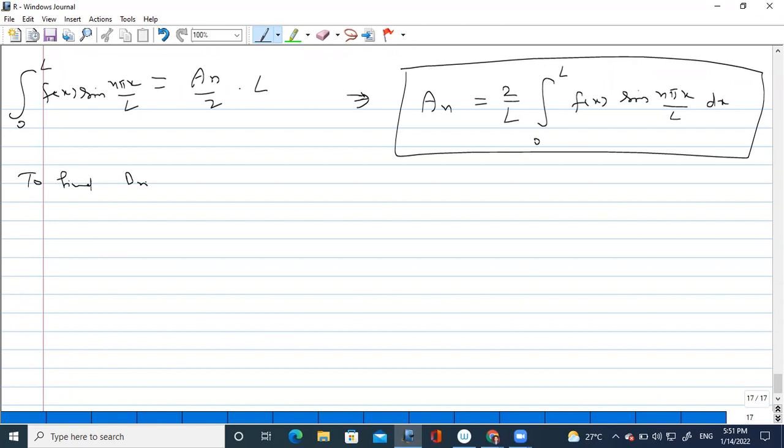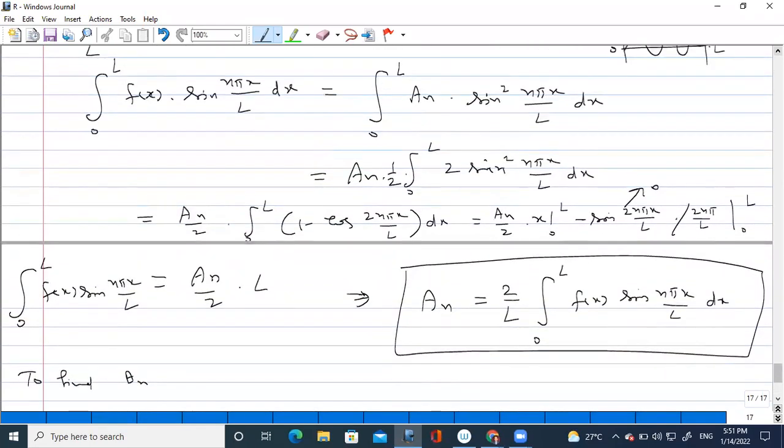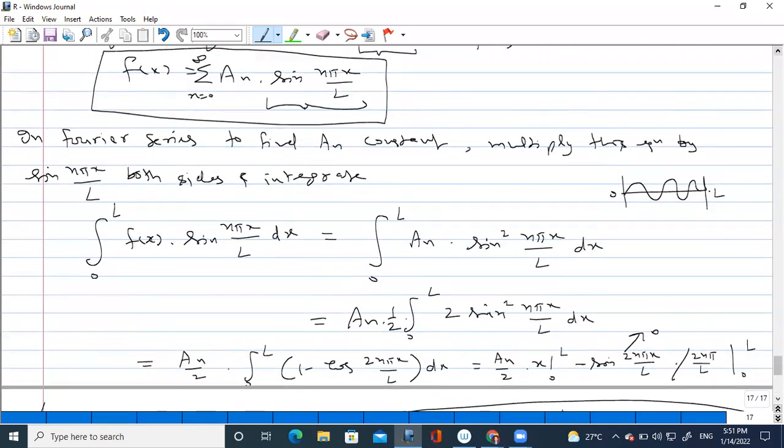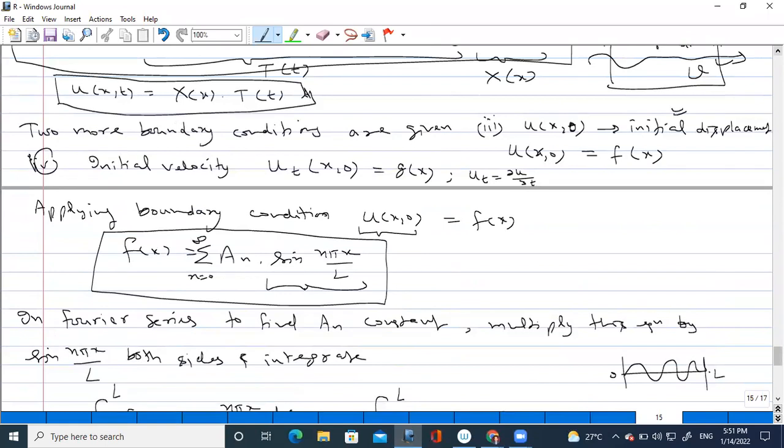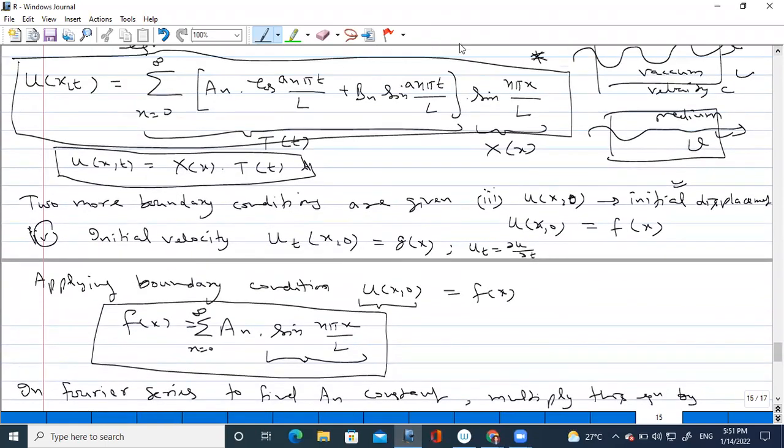To find Bn, we use a different trick. What is that trick? You have to differentiate your main equation. Which is your main equation? This one. Suppose this equation is 1. So this equation you have to differentiate with respect to time.